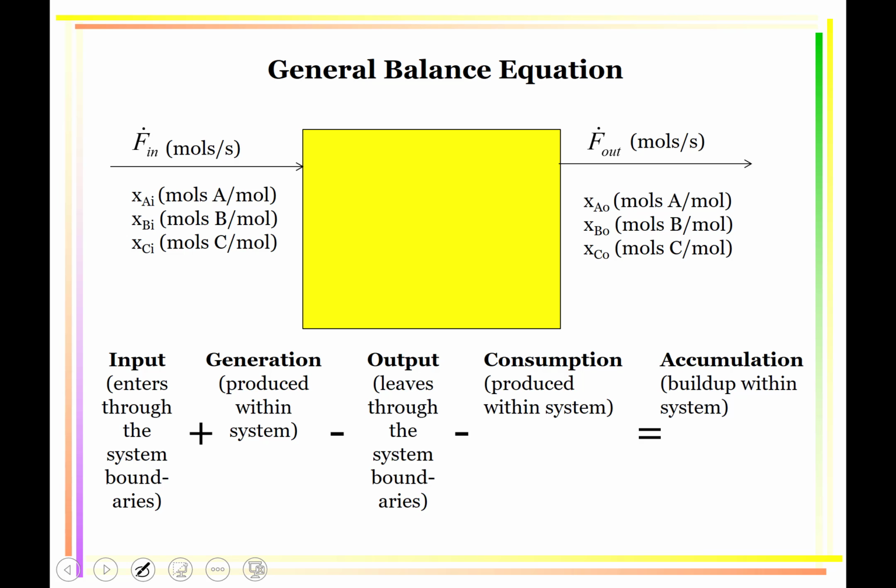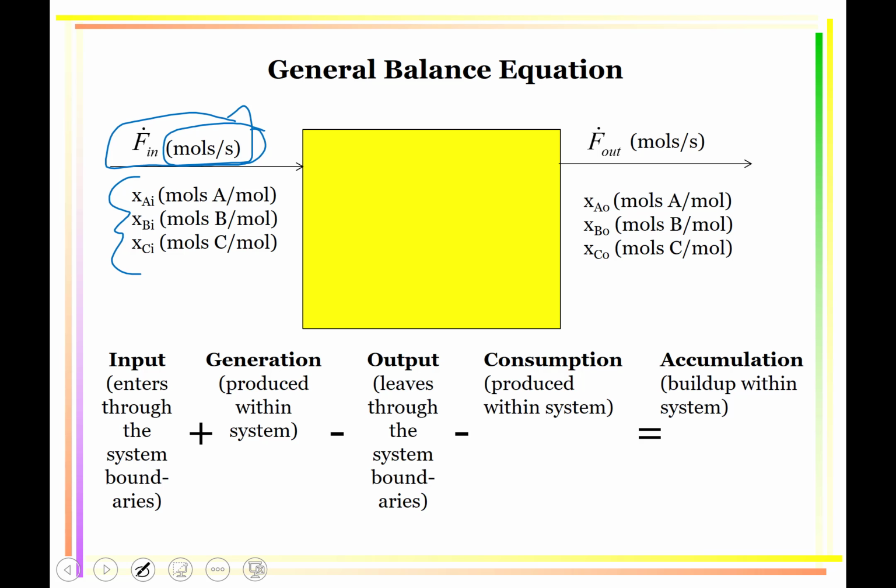Okay, so here's the general balance equation. Here we have some flow in, and as we're going to see, this is called a differential balance because you have a flow rate. You have moles per second, and you have different species, and you can write them in terms of mole fractions. You can also write them in terms of the total moles going in.